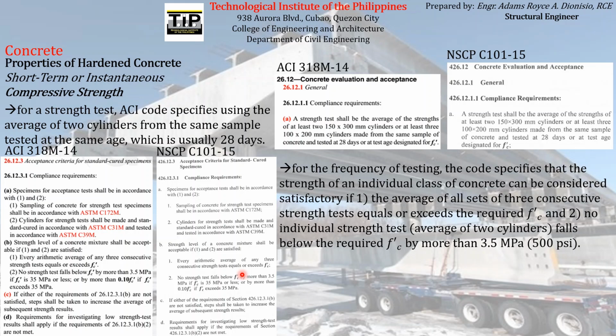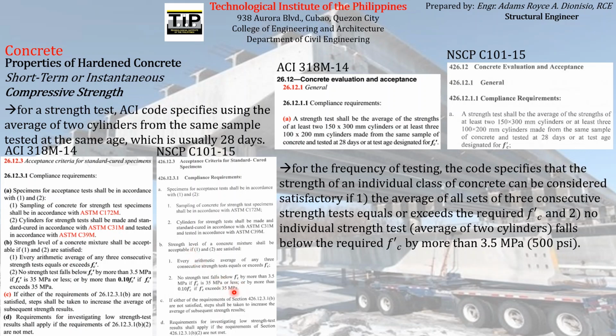Actually, it is 5 megapascal lower than the FC prime that we are targeting, which is 30 megapascal. Since it is lower by more than 3.5 megapascal than our target compressive strength, it violates this second part of the provision. So therefore, we cannot say that the result of our strength test is already acceptable.